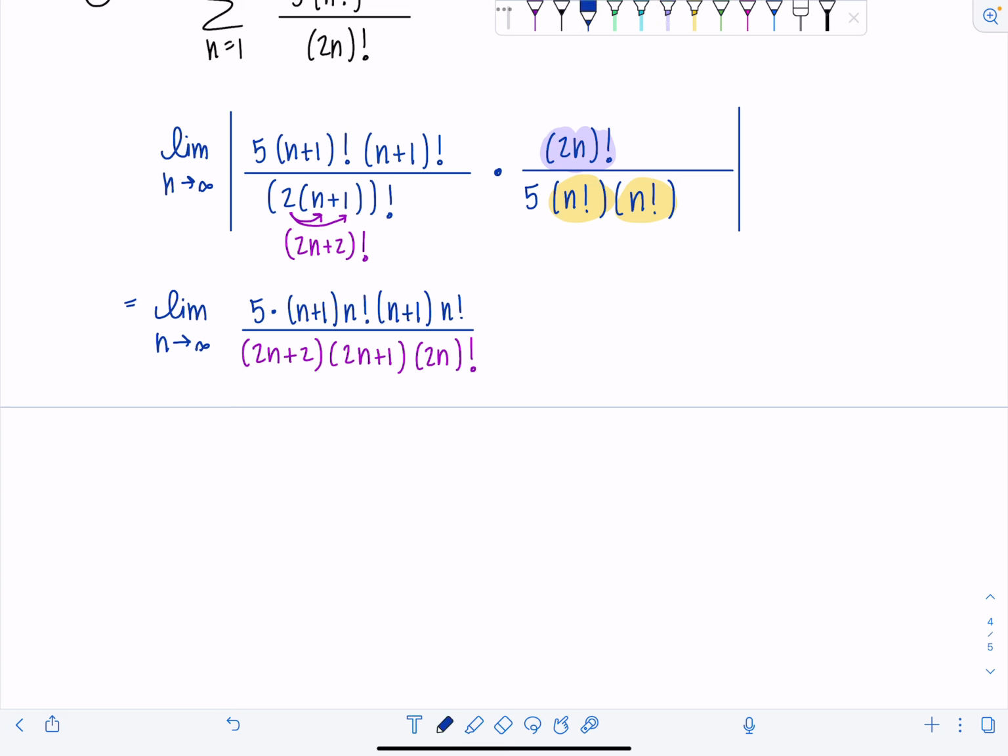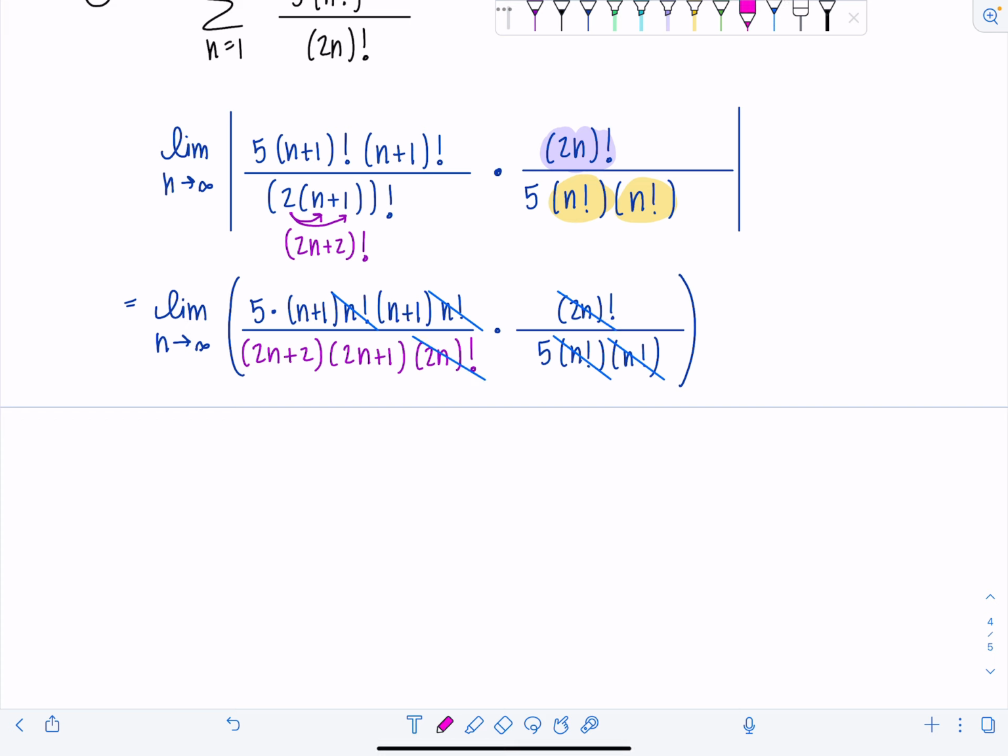All right, we're done breaking stuff down. So now I'll write out we have 2n factorial, 5, n factorial, n factorial. Okay, cancel party begins. What do you notice we can cancel? N factorial with these two guys. What else? The 2n factorial's gone.